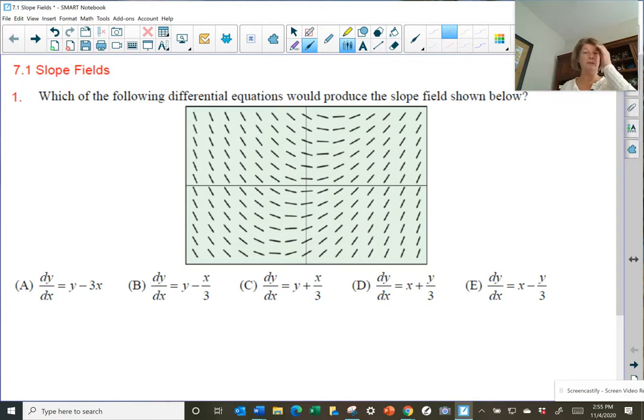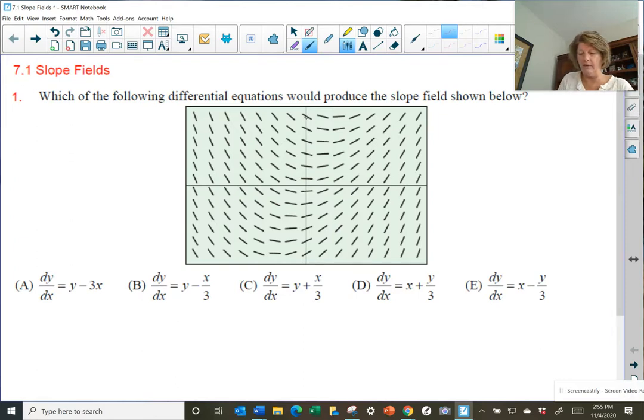Those observations can be helpful because I can think about the signs of x and y. If I had x times y, that should be all positives in quadrant 1, and in quadrant 2 I should have all negative slopes. So when you have multiplication, it becomes very easy to detect the correct answer.